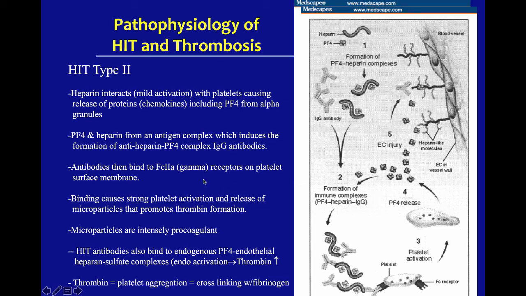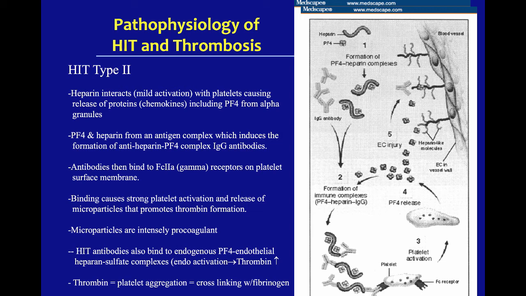So once those antibodies are there, now the patient will react to the presence of heparin. So the sequence, the antibodies will bind to the FcγIIA receptors on the platelet surface membrane. This binding causes strong platelet activation and the release of microparticles. And these microparticles are intensely procoagulant.